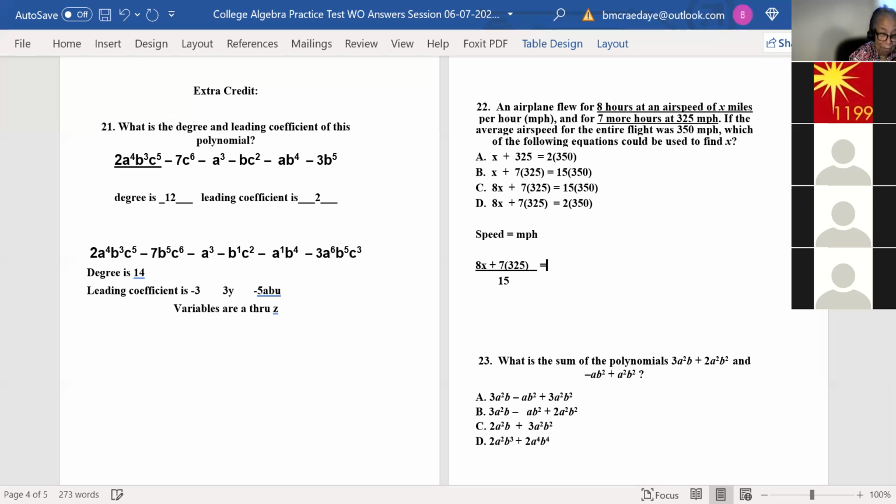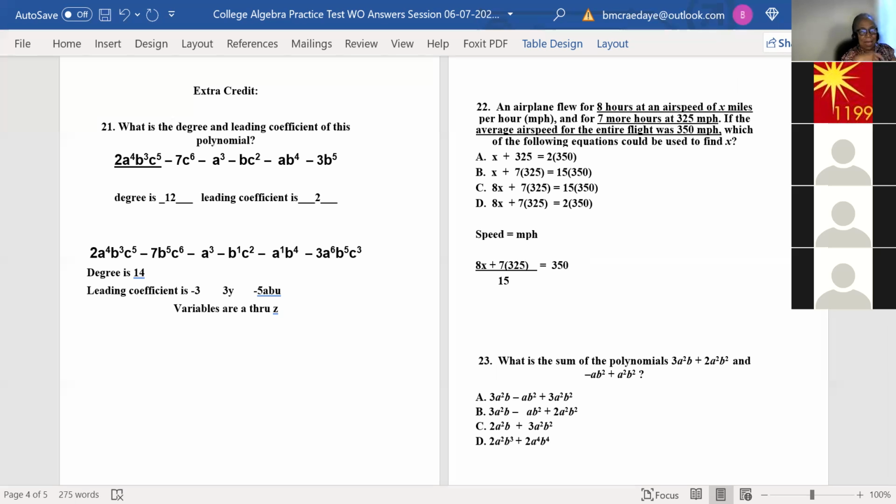That's equal to an average. And so what is the average? They gave us the average, right? The average airspeed for the entire flight was 350 miles per hour, right there.